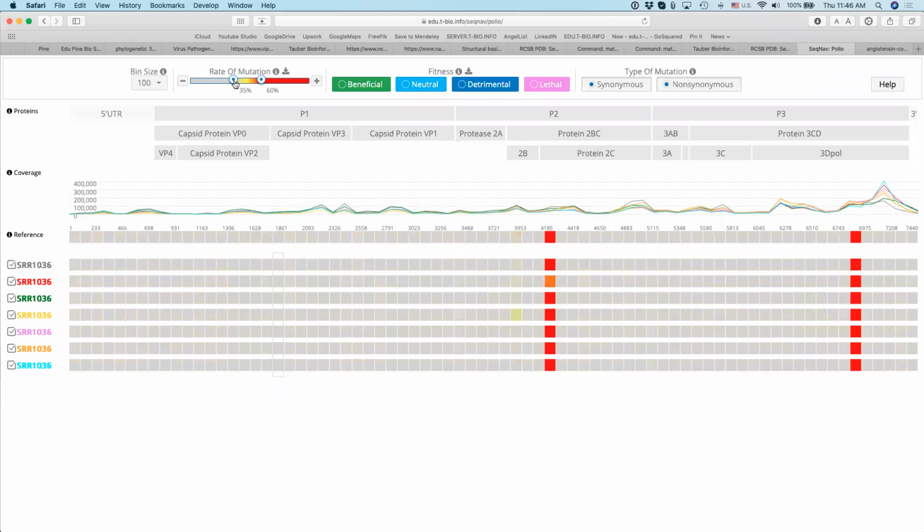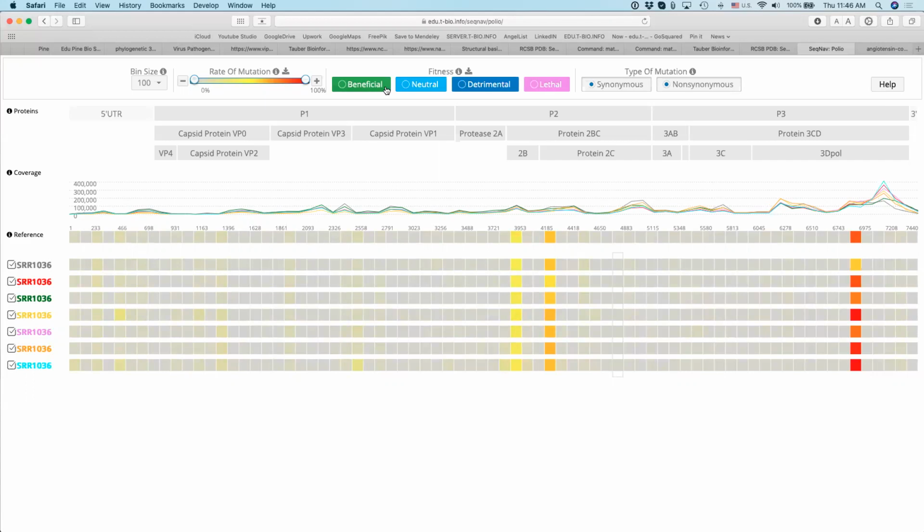The ones that are conserved, so all the gray ones, might have specific implications for the virus. If the virus does not change them that much, that means maybe they are more important. We also have synonymous and non-synonymous, so those that change an amino acid or don't change an amino acid. And we can play around with this here. And we have the fitness component as well.